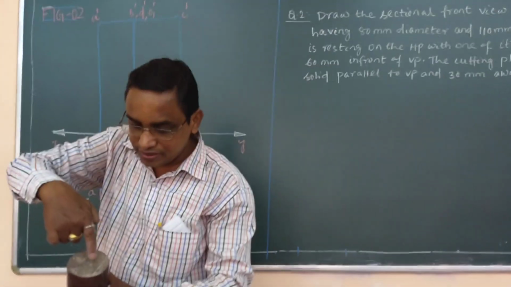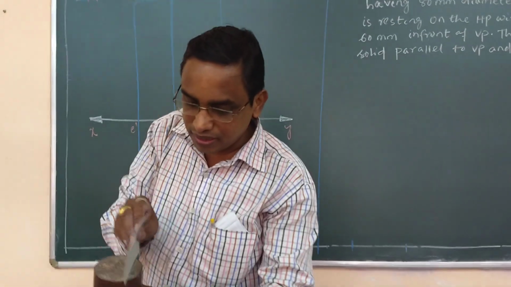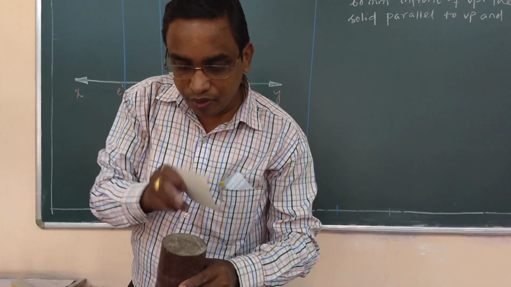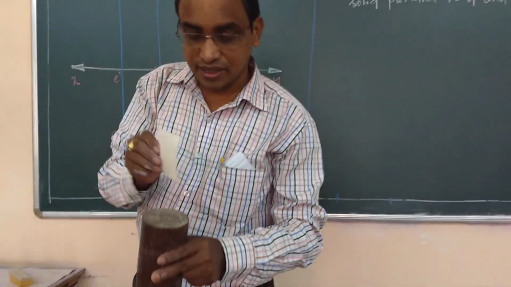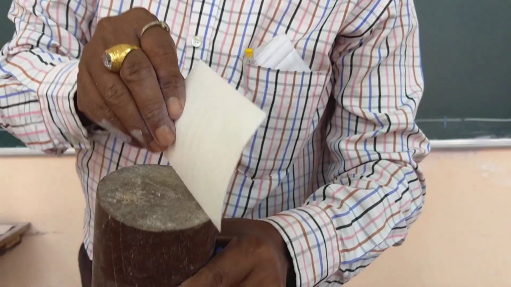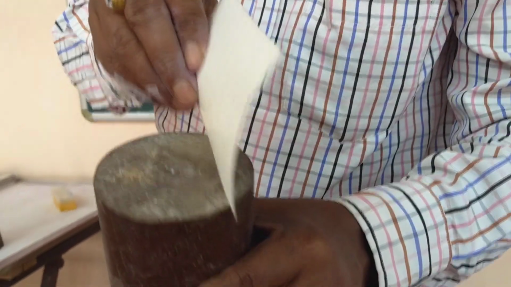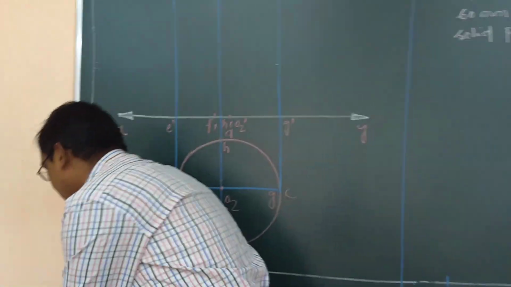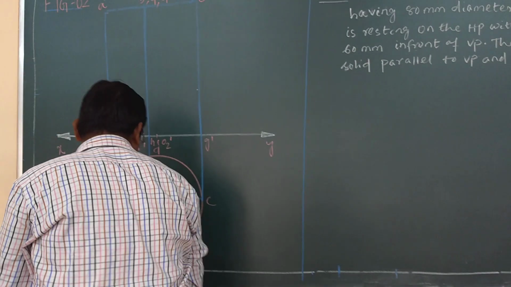This is the center point. The cutting plane cuts the cylinder 30 mm from its axis. So I will draw here the cutting plane.